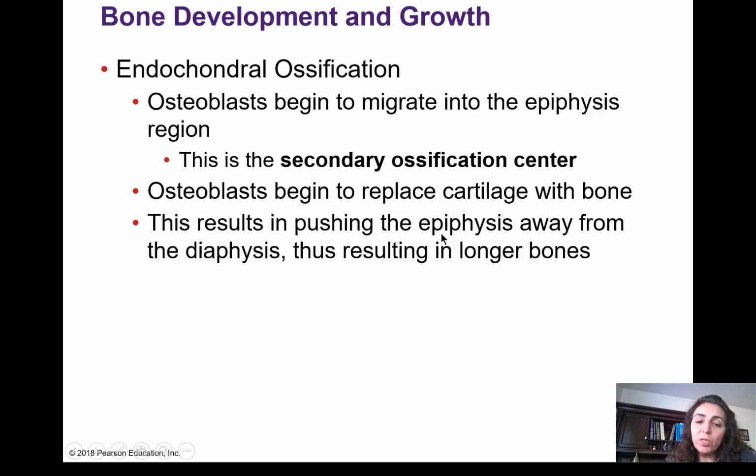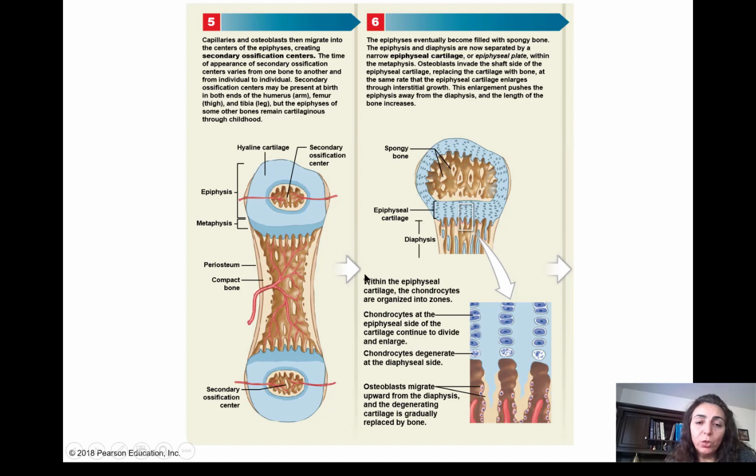This results in pushing the epiphysis away from the diaphysis, thus resulting in a longer bone here. So you see the secondary ossification center, and as you see in each area that is forming, the blood vessels are coming toward it. These again start invading the surrounding cartilage and replacing it with bone.